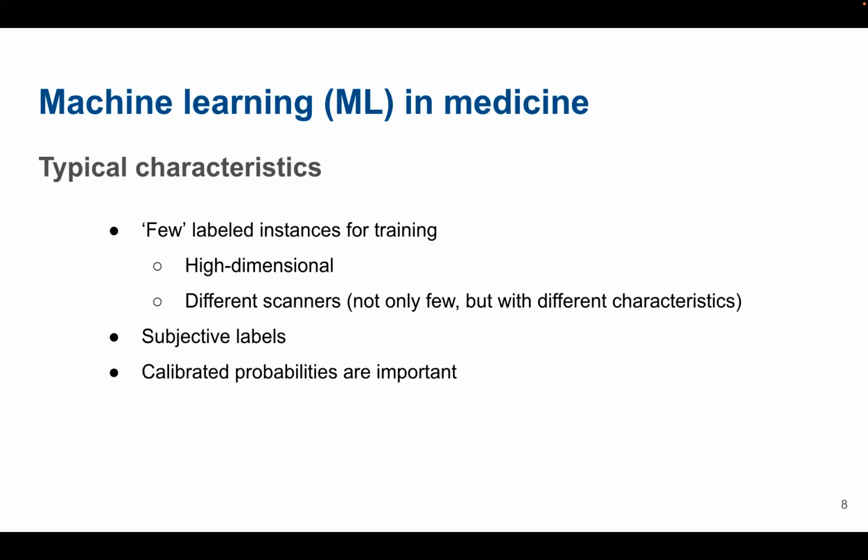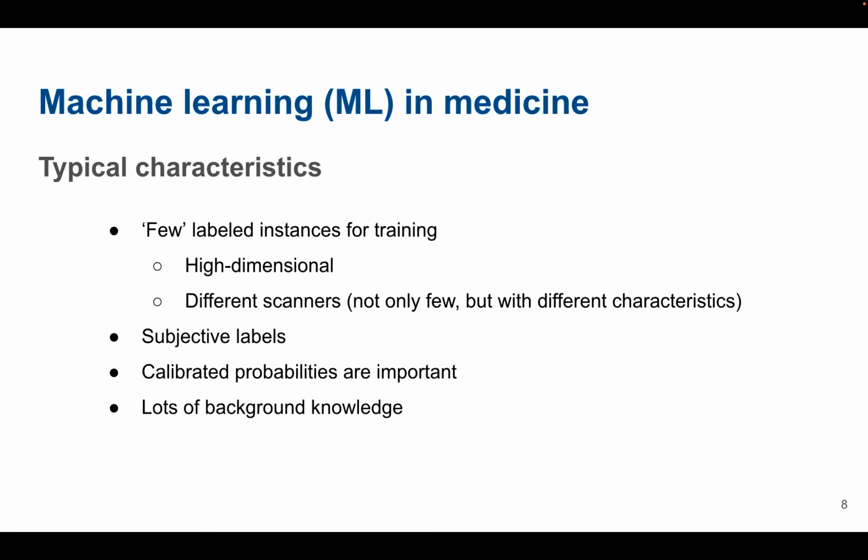It is not the same to say, I believe that this person is healthy with a 99% probability, than to say, I believe that they are healthy, but my belief is 50-50 or 51-49. You want the machine learning algorithm to tell you if the answer that they are computing is reliable or not. So this is called calibrated probabilities, so that this output will give you some meaning.